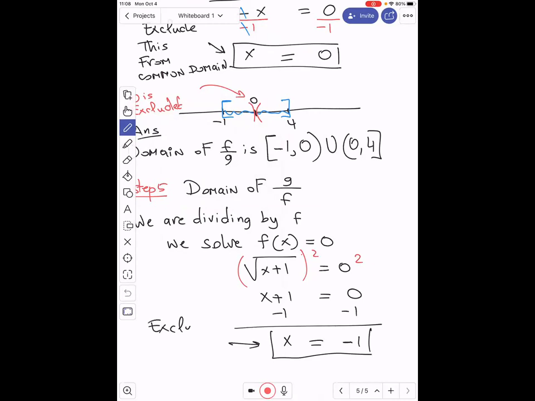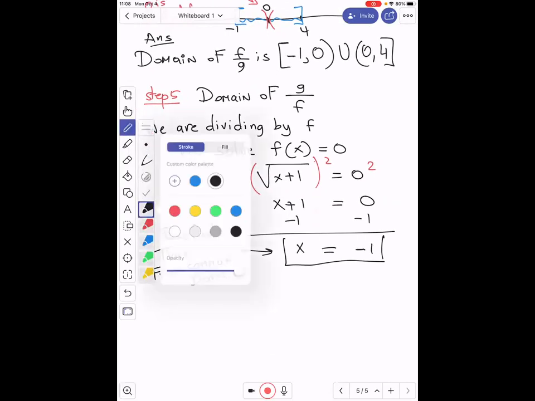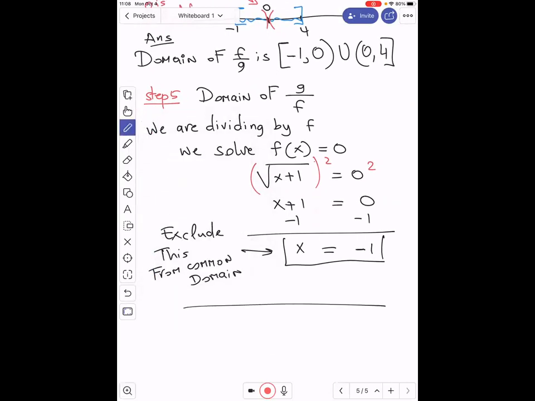Exclude this from the common domain. The common domain, again, is from negative 1 to 4. So again, my common domain is this one right here, from negative 1 to 4.